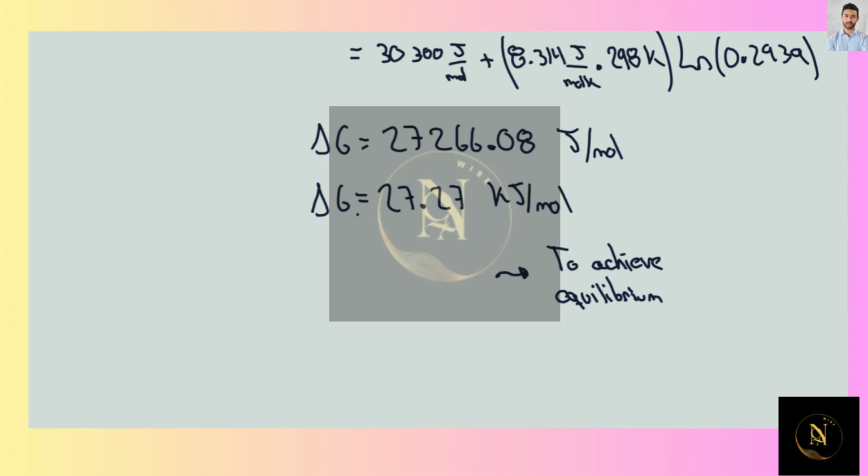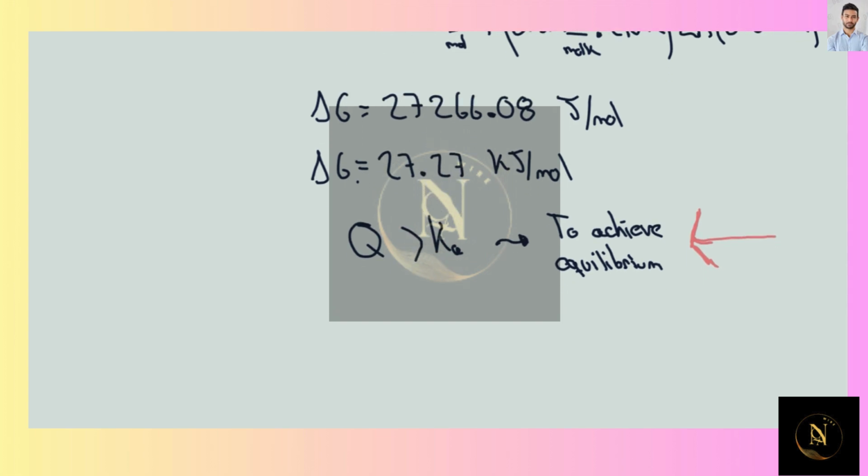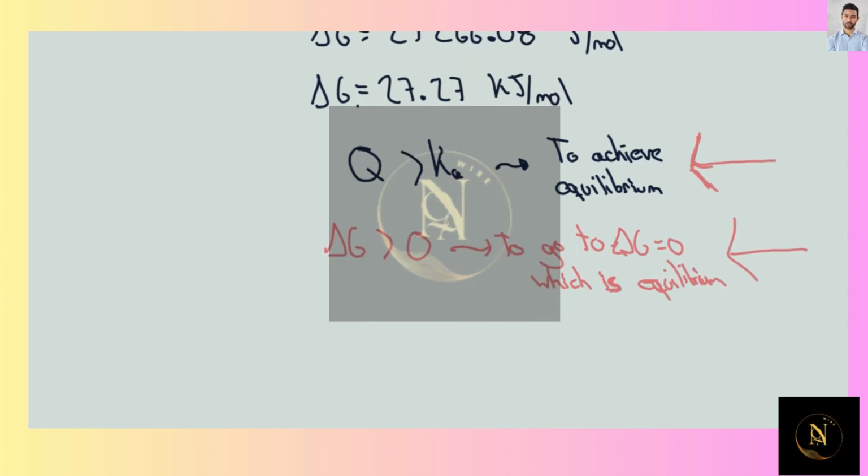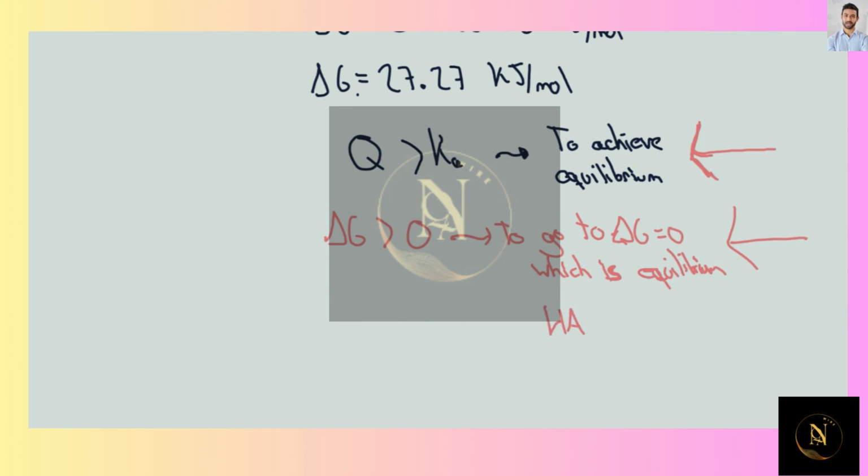Since the value for Q is still larger than the value for Ka, to achieve equilibrium the reaction is going to be shifted towards the left. This is because delta G is still larger than 0. To go to delta G equal to 0, which implies equilibrium, the reaction should go towards the left, meaning we're going to generate more of the weak acid.